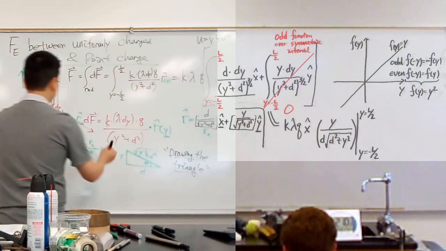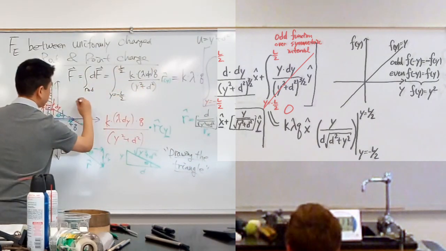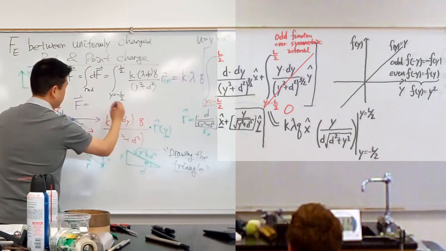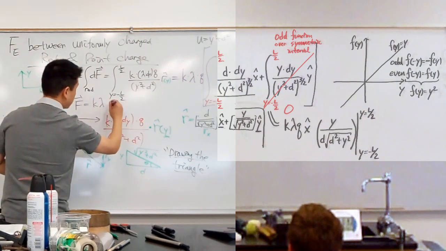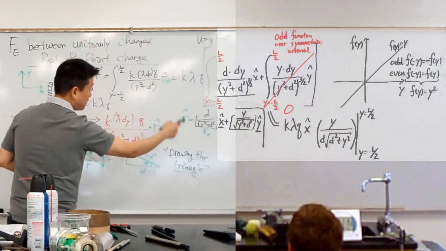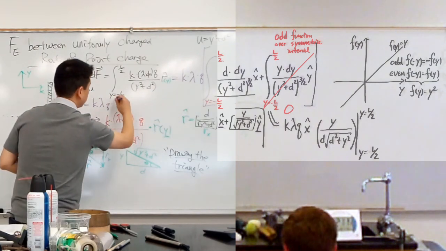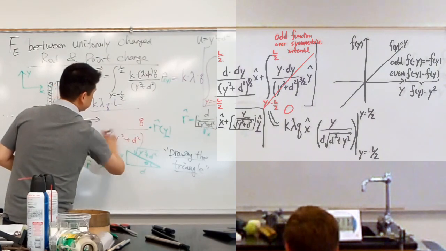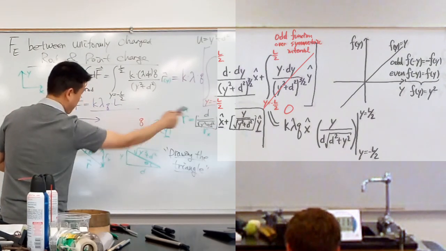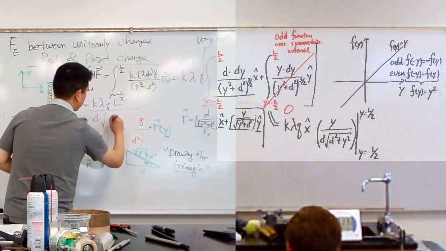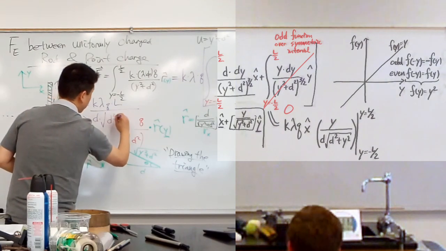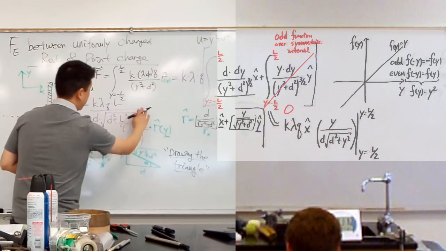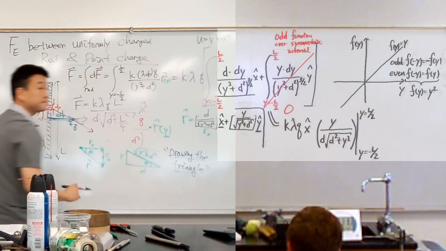So the force pointing this way is equal to k lambda Q times 2 L over 2, divided by d times the square root of d squared plus L over 2 plugged in, so L squared over 4, all pointing in the x direction.